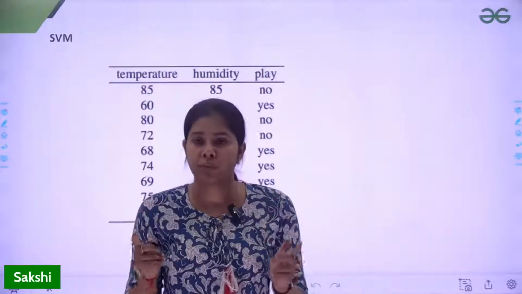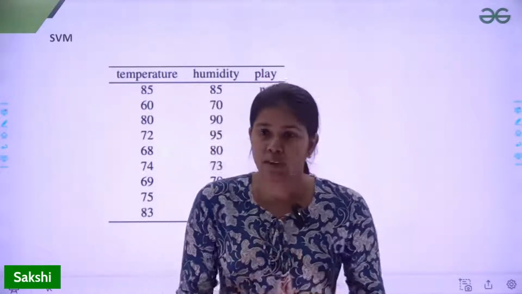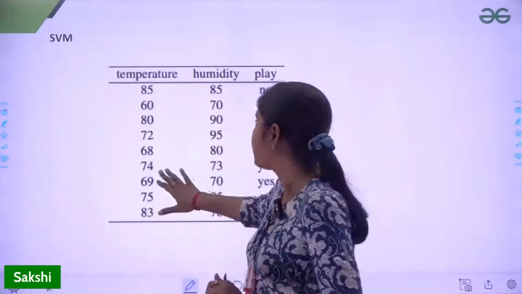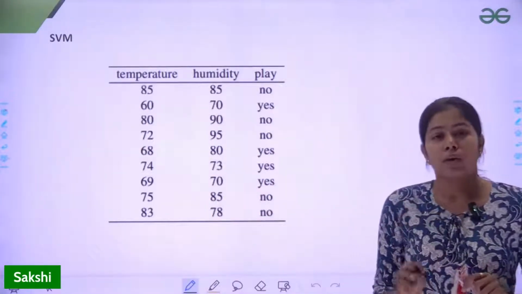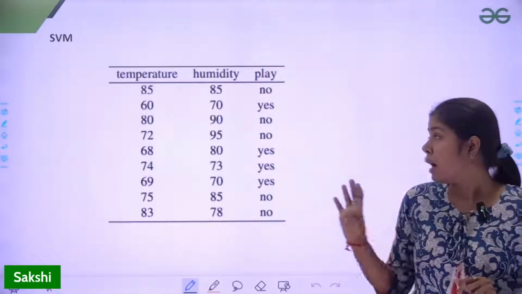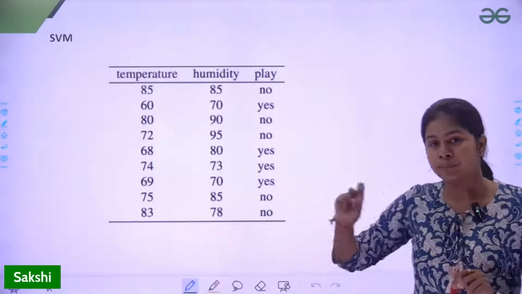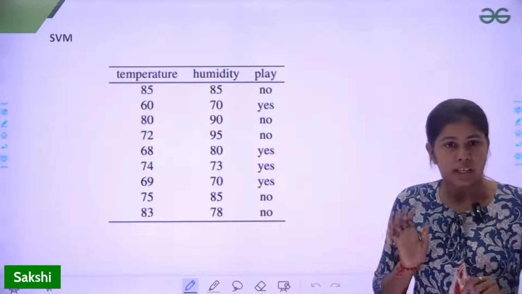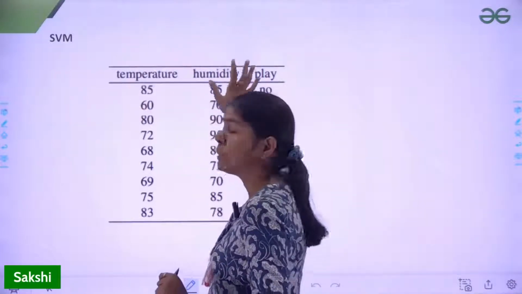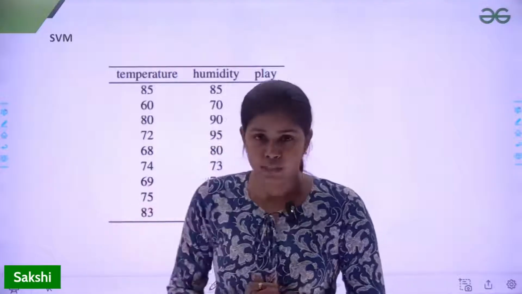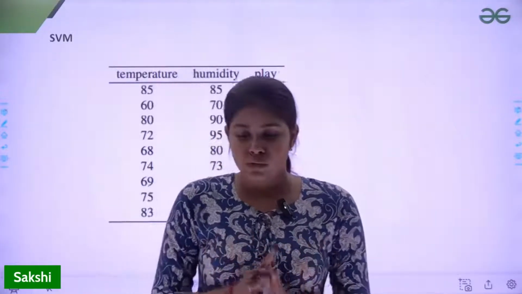This is one of the assumptions we have taken in naive Bayes classification. But here temperature and humidity are not independent of each other, so I cannot use the previous algorithm, that is the naive Bayes algorithm, right? So that's why I'll use support vector machine here.